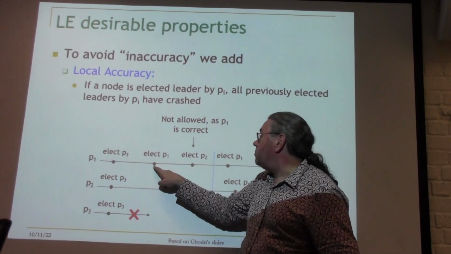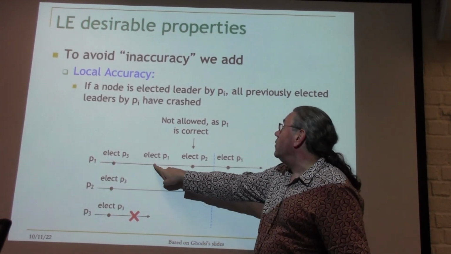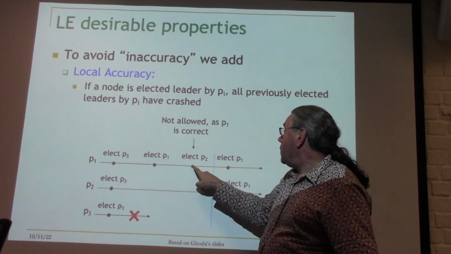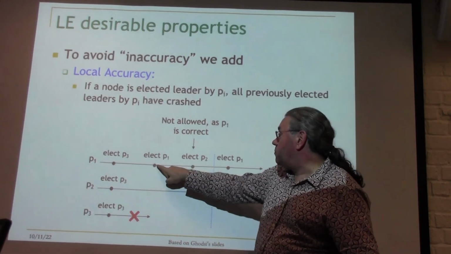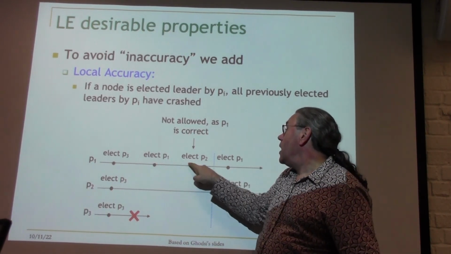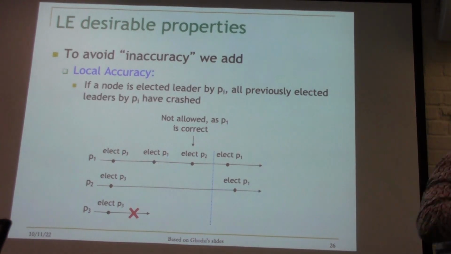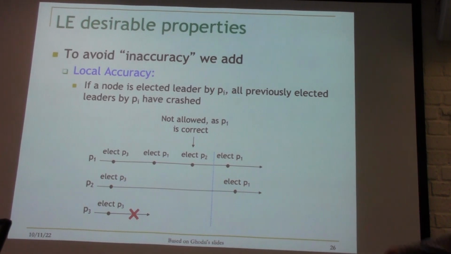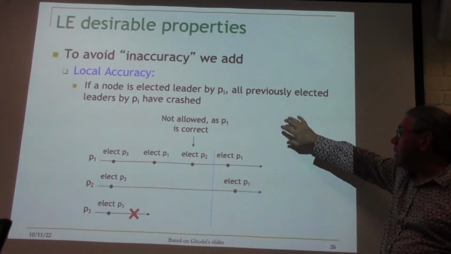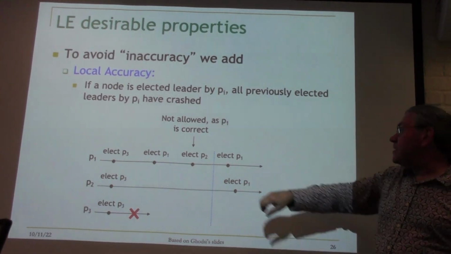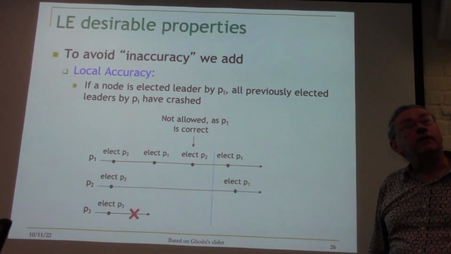So if P1 elects P1 as the leader, then it cannot change to P2 because P1 has not crashed. It can only change if there's been a real crash, so it's really justified. So with this extra property, we stamp out this funny behavior that we don't like.